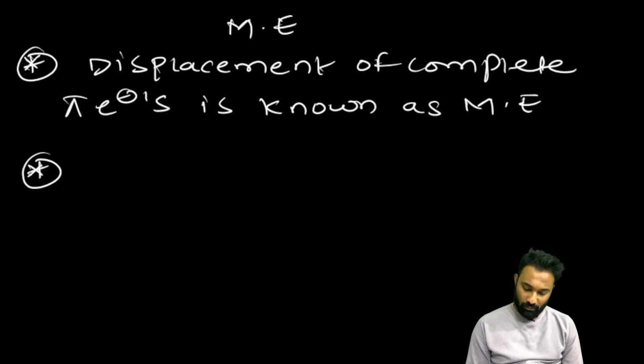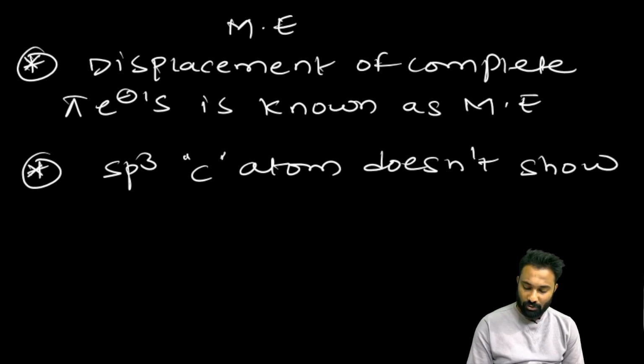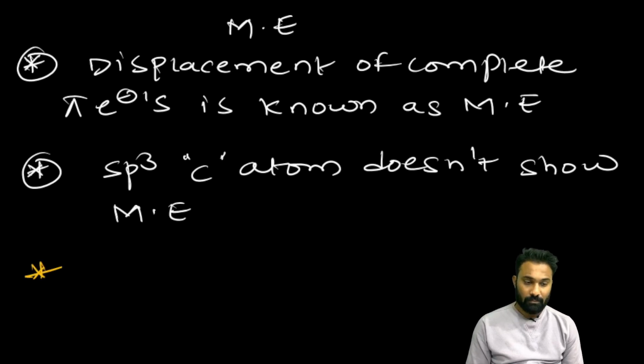Second, an sp3 carbon atom, if it is present in that compound, does not show the mesomeric effect. Why does it not show the mesomeric effect? Because what is the hybridization of the sp3 carbon?